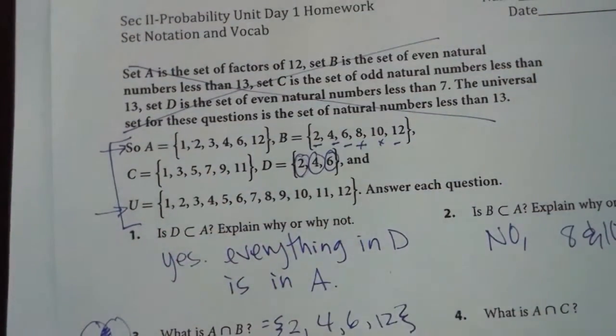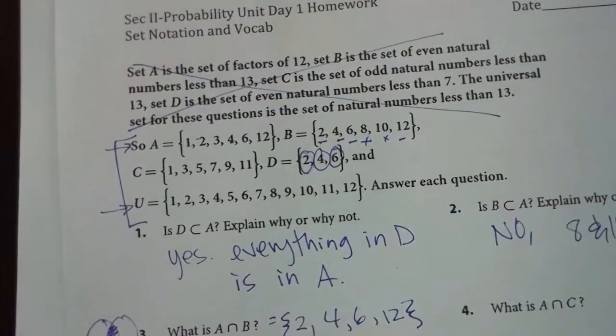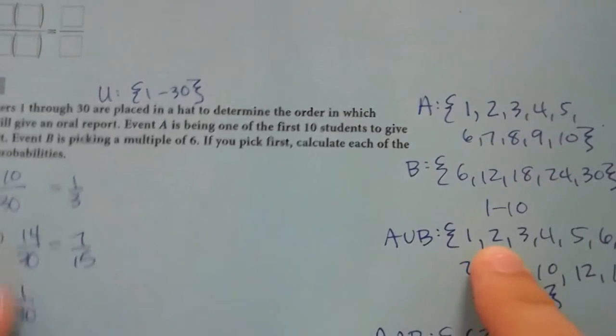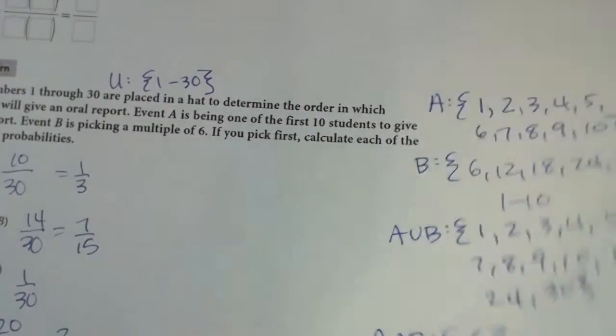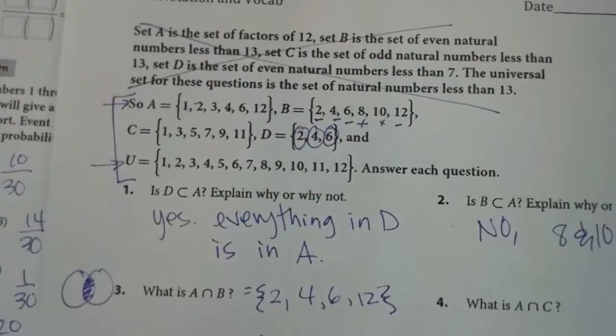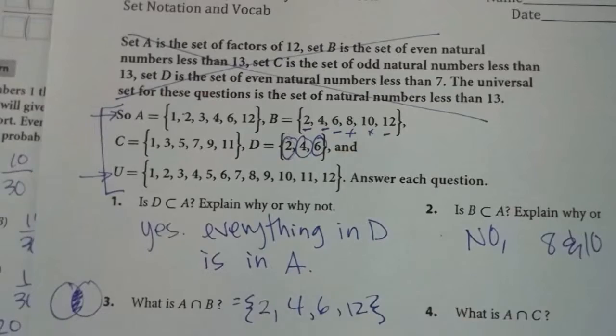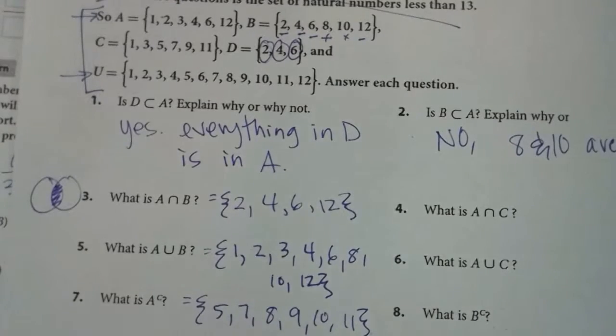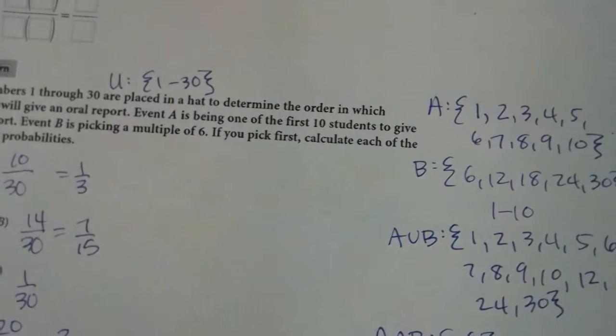So you don't really have to read that top one. It's not like the notes example where you have to define them yourself. You will have to do that eventually, but for this first example, it tells you what they are. You can ignore that first 4 lines. It's the very last page in your packet.